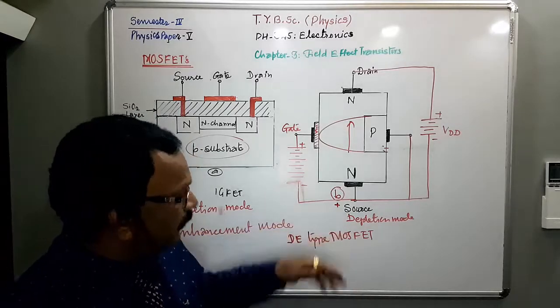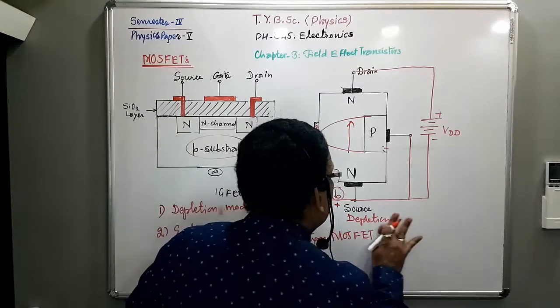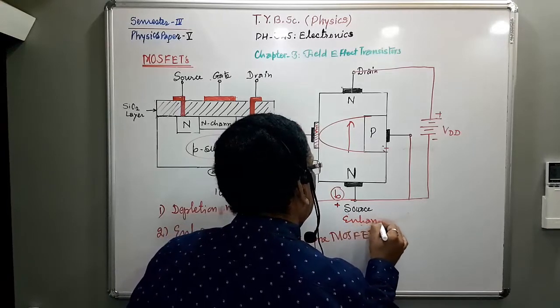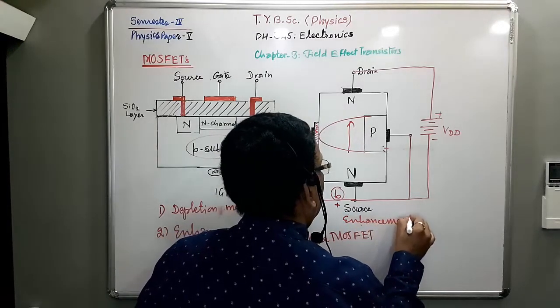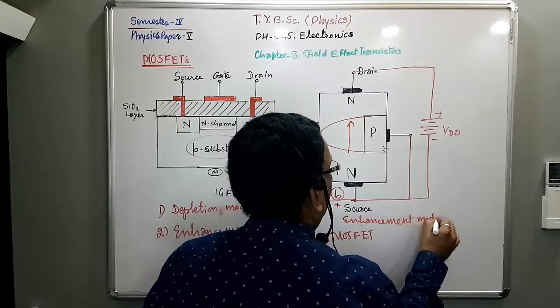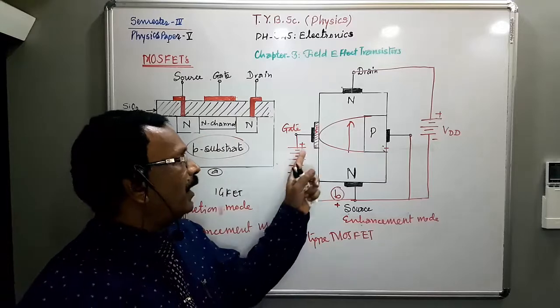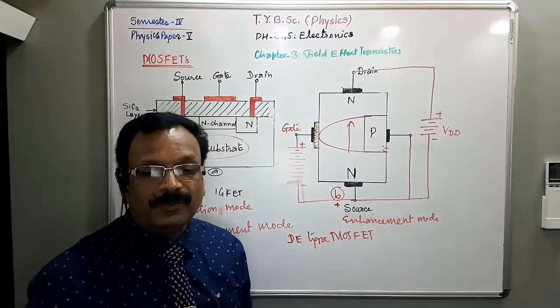In enhancement mode, the positive terminal of the battery is connected to the gate. Okay.